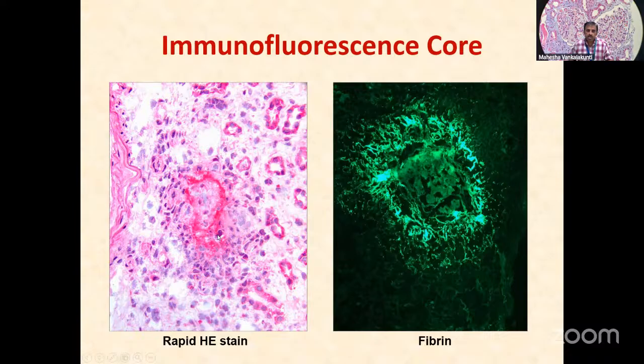As you see here, this is a core which is sent for immunofluorescence, and we usually do the routine hematoxylin and eosin stain on the core that is sent for immunofluorescence as well. This shows the fibrinoid change of the vessel wall along with the nuclear debris and the inflammatory reaction around it. And this highlights the fibrinogen in the fibrinoid areas.